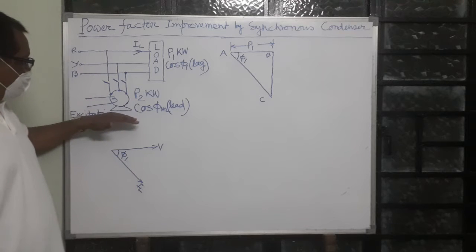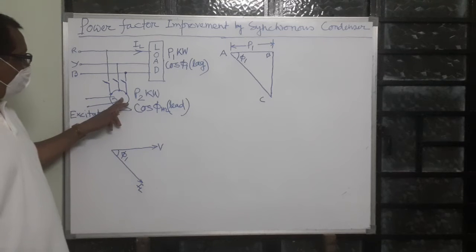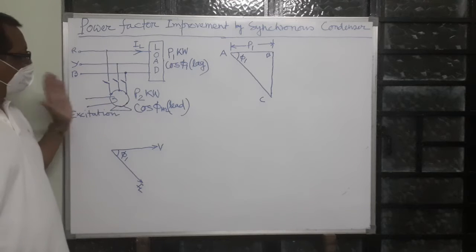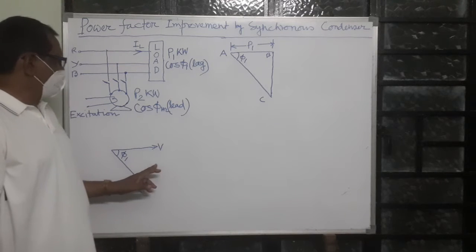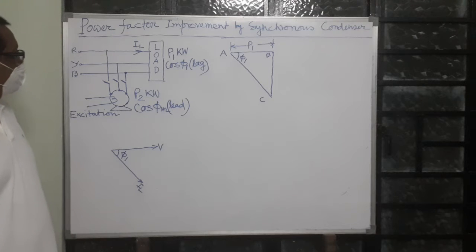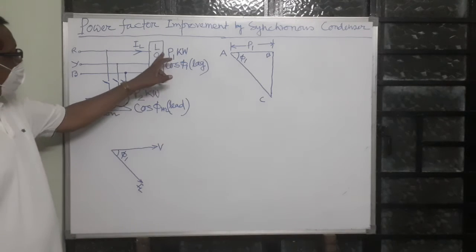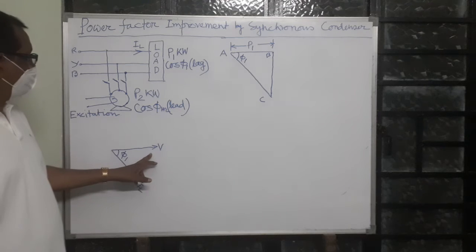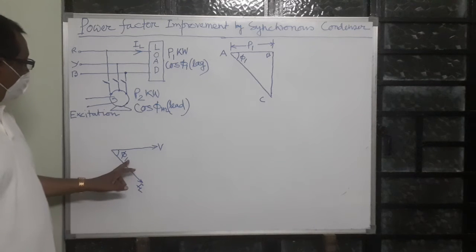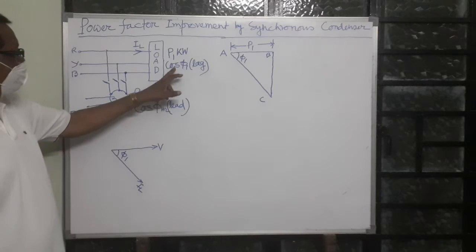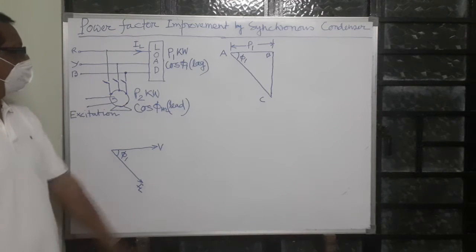Now the synchronous machine is not connected to the supply. Now we draw the phasor diagram: with respect to voltage, the current is lagging at an angle of phi 1, because the load power factor is cos phi 1 lagging.